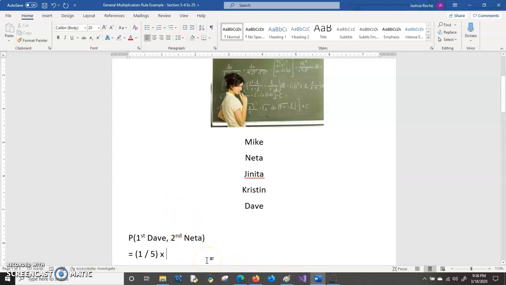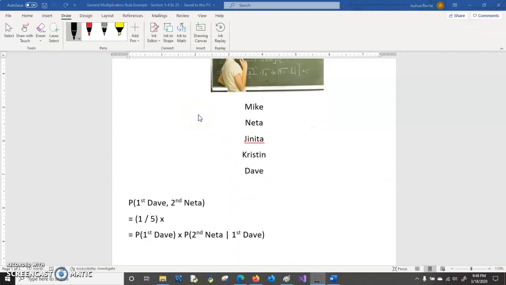Let's say that the teacher picked out Dave. So Dave has been chosen. Now the probability that Netta would be picked second is 1 out of 4. There's only 1 Netta out of the 4 students left over.